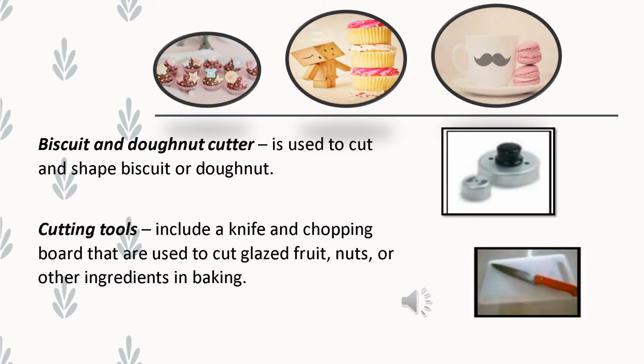Biscuit and donut cutter. This is used to cut and shape biscuit or donut. Cutting tools. This includes knife and chopping board that are used to cut glazed fruit, nuts, or other ingredients in baking.